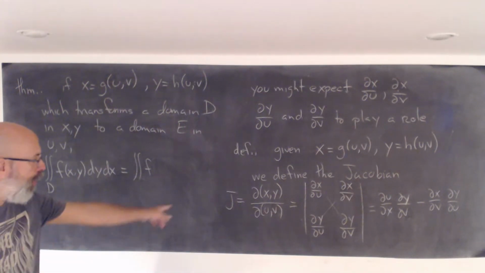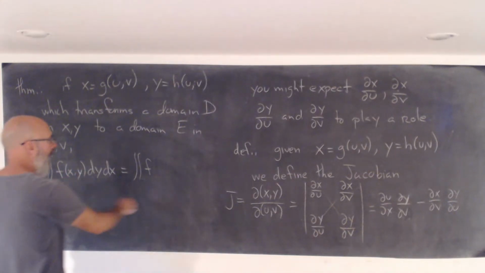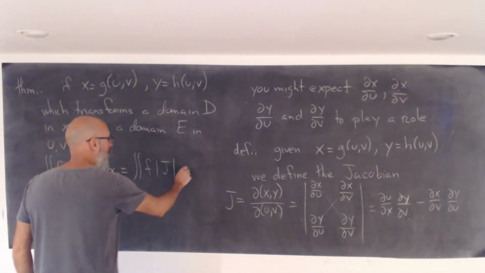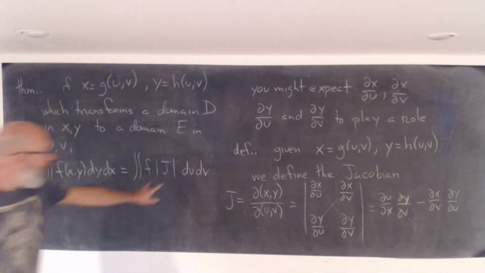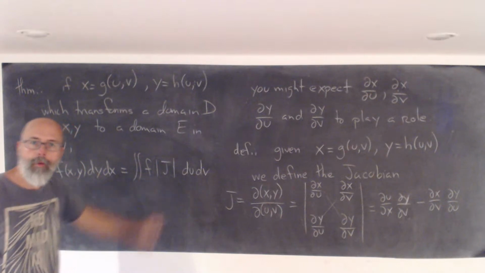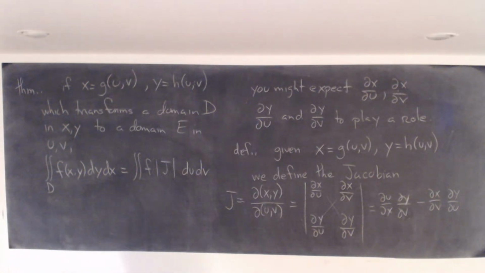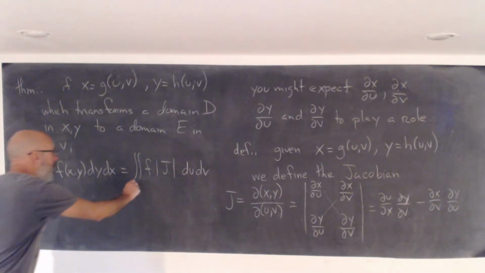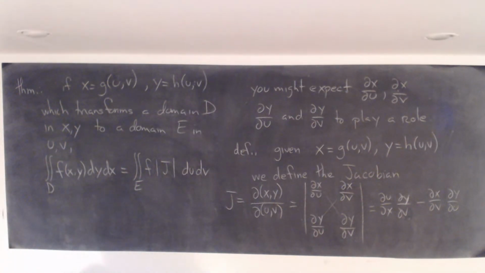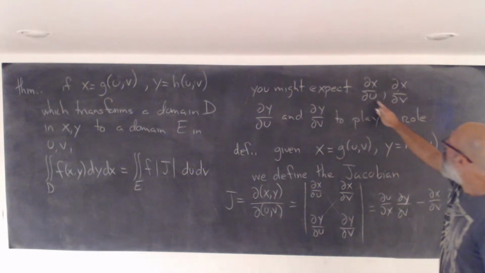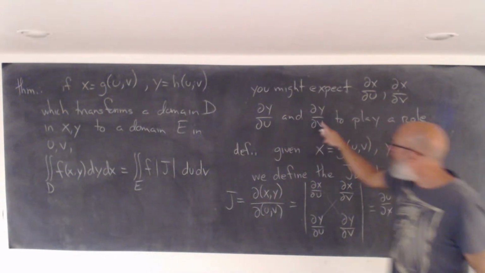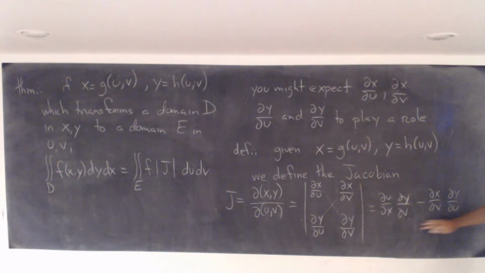We define the Jacobian J to be this. You have to throw in the Jacobian. Well, the absolute value of the Jacobian. Right? So we were saying we might have expected dx du, dx dv, dy du, dy dv to play a role, and they absolutely do. This is the role they play.